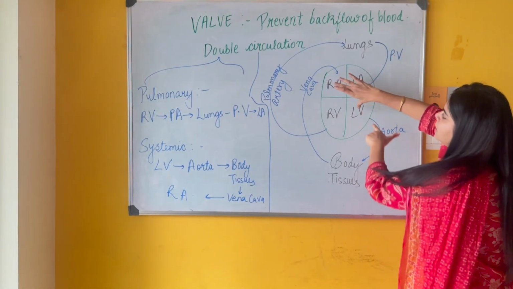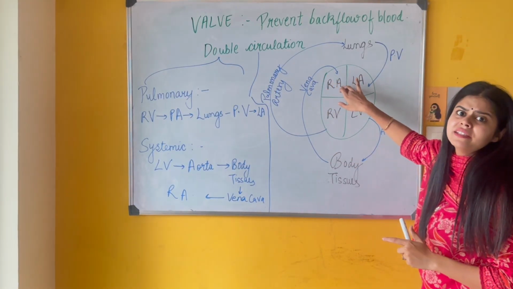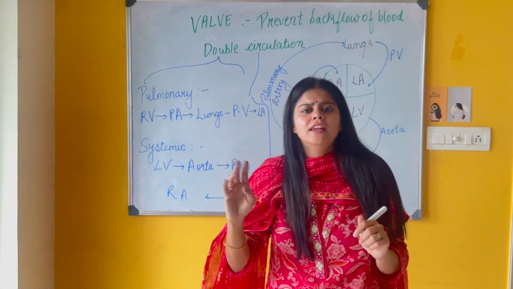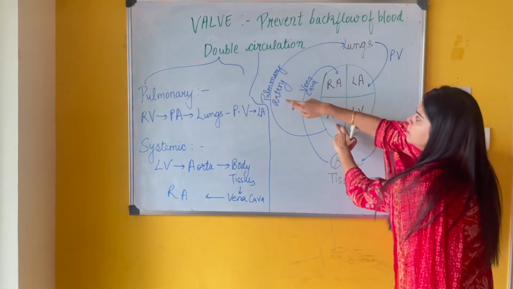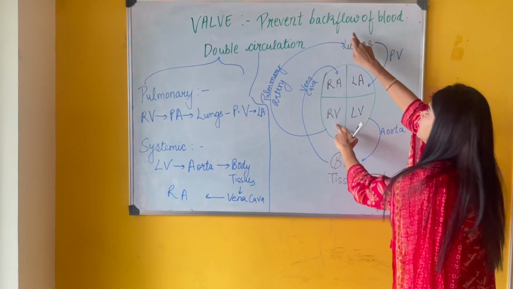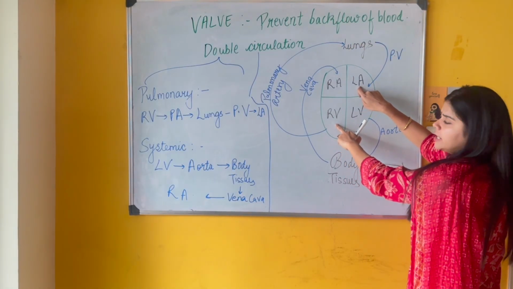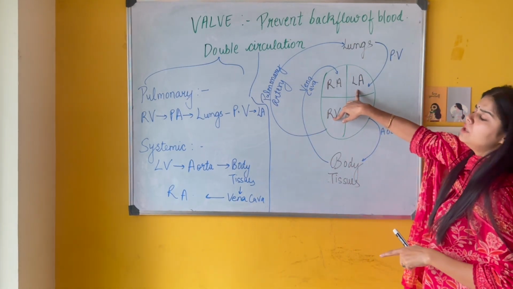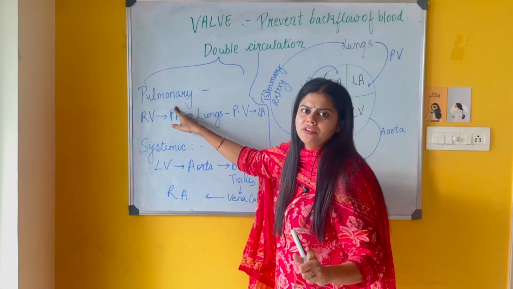From left ventricle to right auricle, this entire pathway is systemic circulation. The word pulmonary is associated with lungs. So pulmonary circulation goes from right ventricle to pulmonary artery to lungs, lungs to pulmonary vein, finally to left auricle. So this entire pathway from right ventricle to left auricle is called pulmonary circulation.